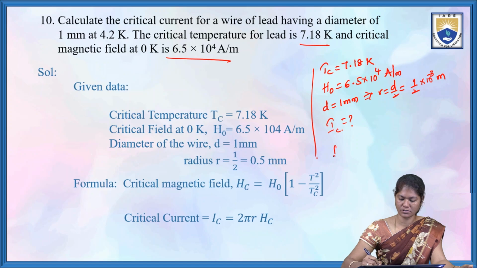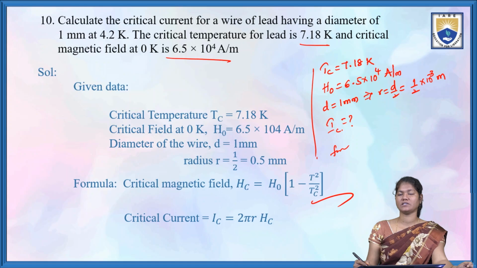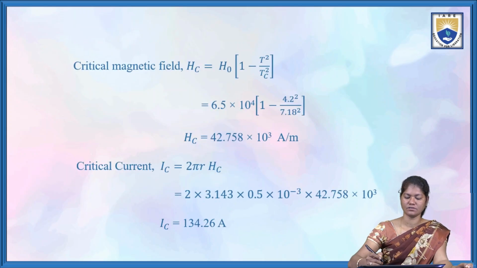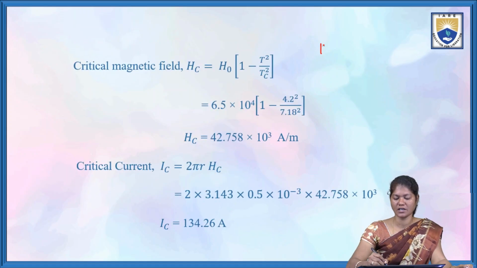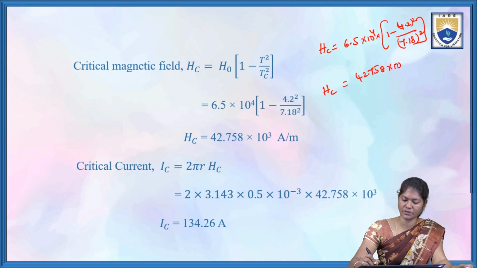The formulas we use: critical magnetic field Hc is equal to H naught into 1 minus T square by Tc square, and critical current IC is equal to 2 pi R Hc. Let's substitute the values. Hc is equal to 6.5 into 10 power 4 into 1 minus 4.2 whole square divided by 7.18 square, which equals 42.758 into 10 power 3 ampere per meter.